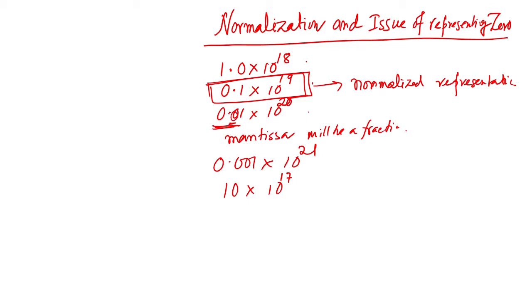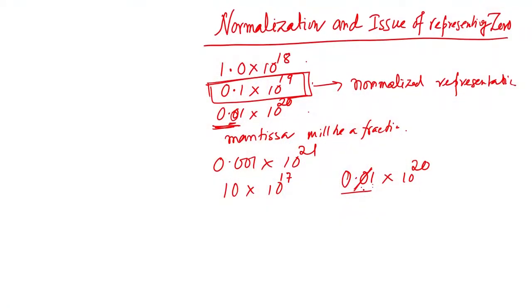Okay. So, it will be a fraction, and I cannot write 0.01 into 10 to the power 20 as a normalized form. So, this 0 should not be there. After the point there should not be any leading 0. Okay. So, before 1 there should not be any leading 0. So, that is the normalization form.